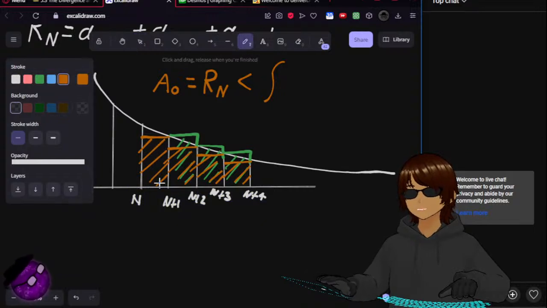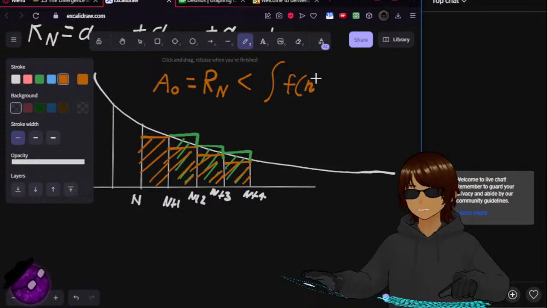So R_n, which is n plus 1 times 1. This R_n is less than the area of the graph going from n to infinity. It's fair to say that.